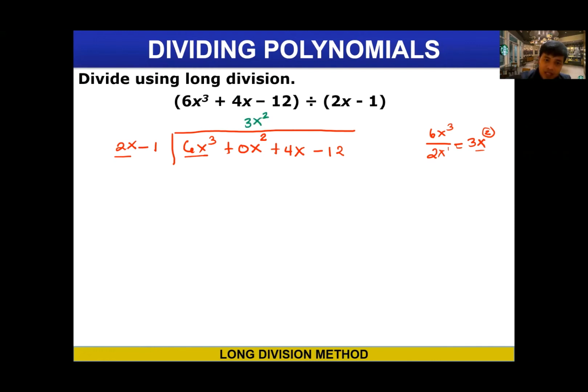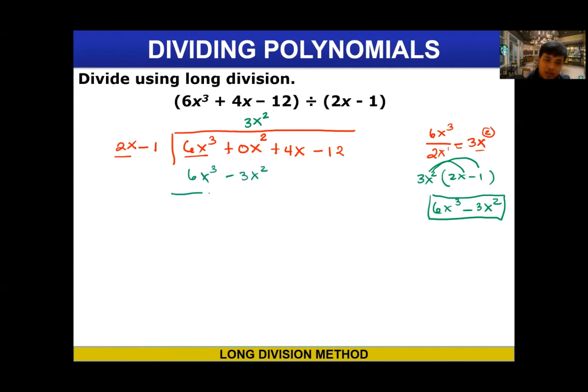It should be aligned. Next, 3x squared will be multiplied to the divisor, which is 2x minus 1. So multiplying becomes 6x cubed, and this one becomes negative 3x squared. We will write this here: 6x cubed minus 3x squared.